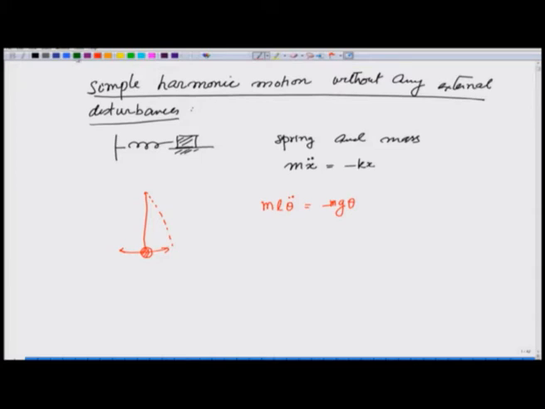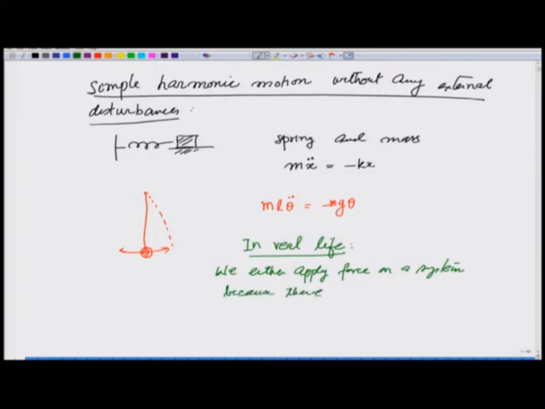However, in real life, we either apply force on a system, and why we do that is because there is friction.